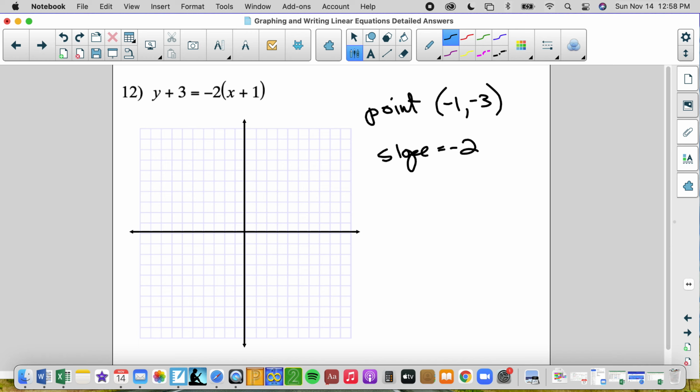Slope is the rise over run from one point to another point. So don't use the slope first. You have to plot your point and then use the slope. So negative 1, negative 3 takes me here. Now I'm going to use my slope, which is negative 2, which is down 2, right 1, or up 2, left 1.